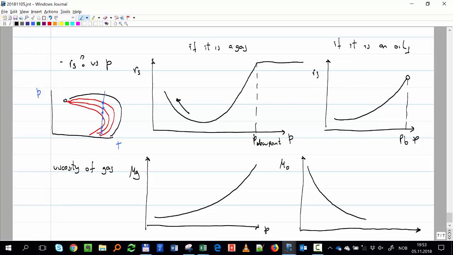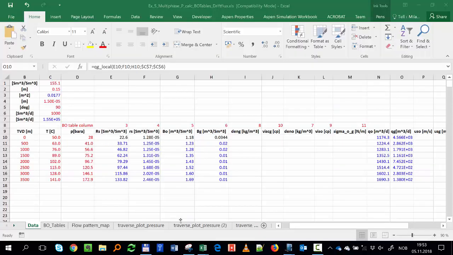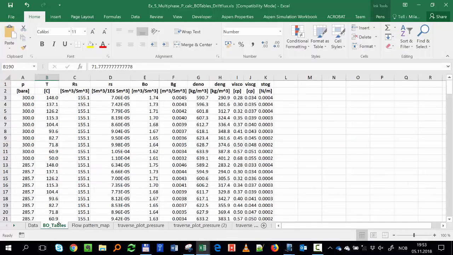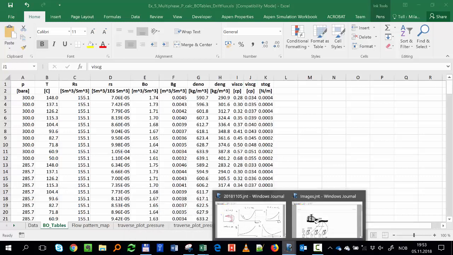It makes it less viscous. So it goes like that, and after the bubble point, it goes the other way, a similar trend to the gas, just going up. And that is also reported on our table. You see viscosity. This is a crucial property that we need for our pressure drop calculations.